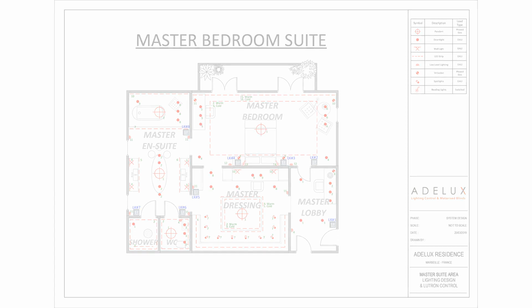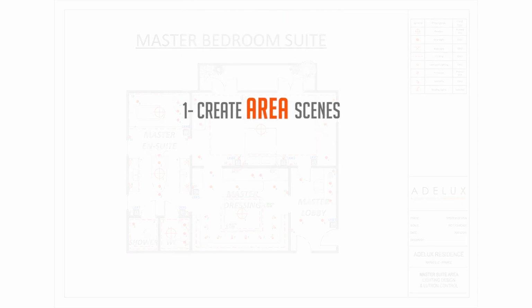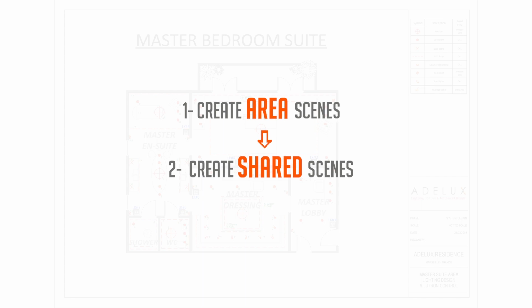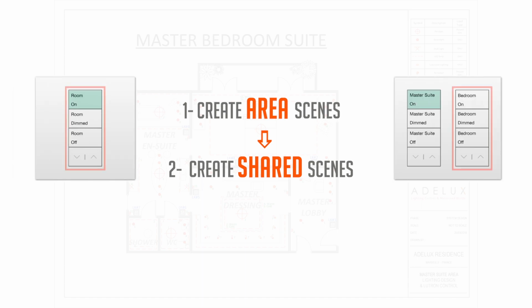First, in our database, we set the area scenes, and then next, we created shared scenes using those area scenes. Then, to access those scenes, we assign the area scenes to keypad buttons who just need to control the room they're in, and we assign the shared scenes to the general buttons on the keypads that need to control the entire area at those predefined levels set in the area scene.